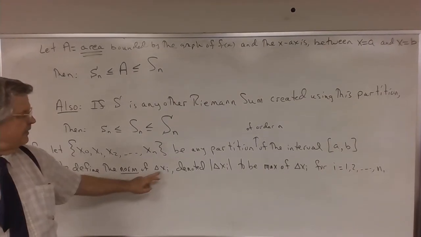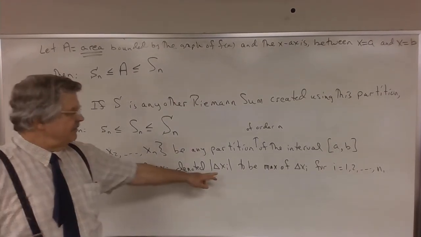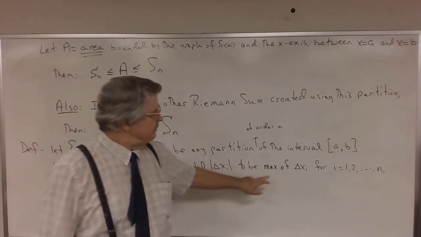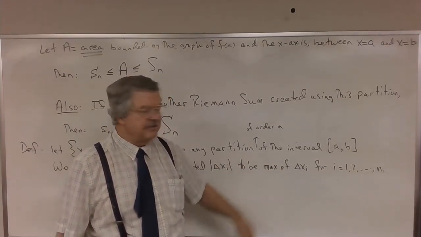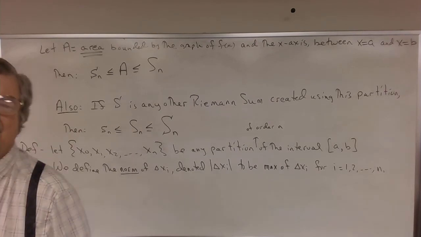Essentially the norm of delta, denoted this way, is just the largest of the values of delta x sub i from i equal 1 to n.